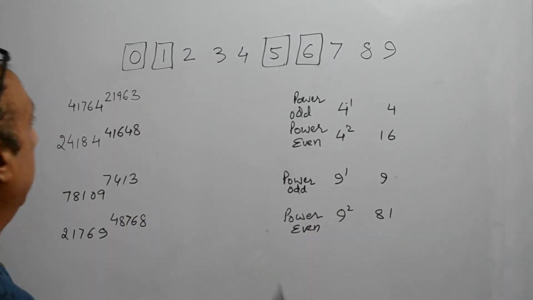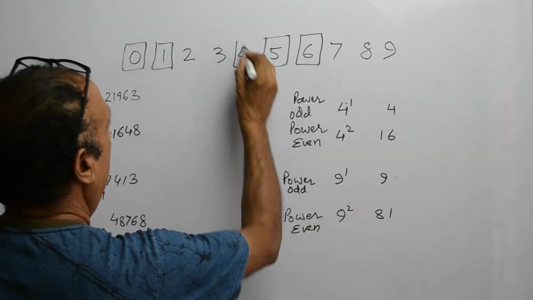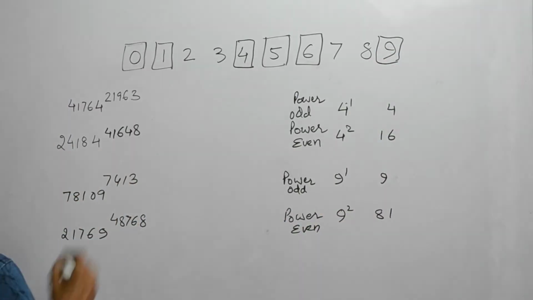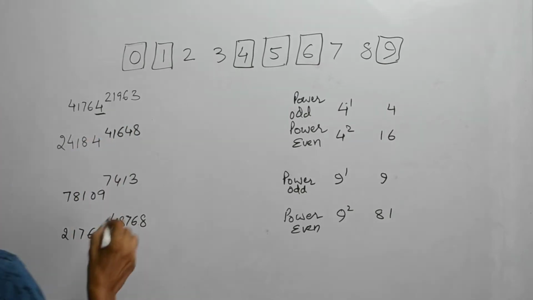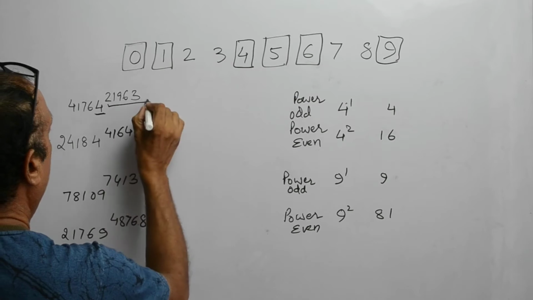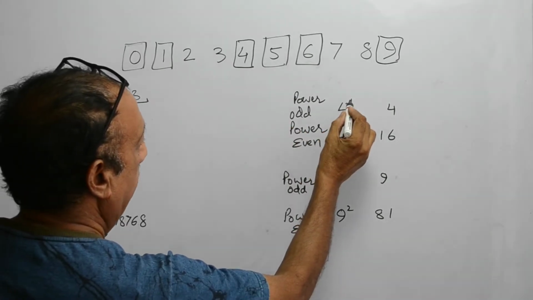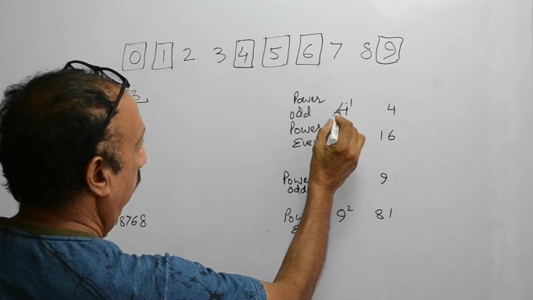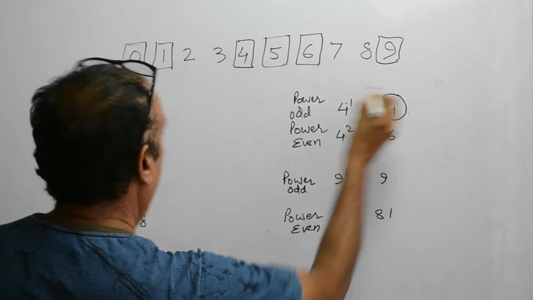Now let us see the unit place value of the digits in case of 4 and in case of 9. In case of 4, if the power is odd, then the answer will be 4 raised to power 1, so the last digit will be 4.